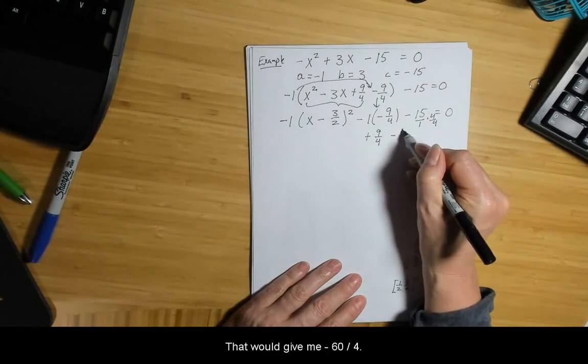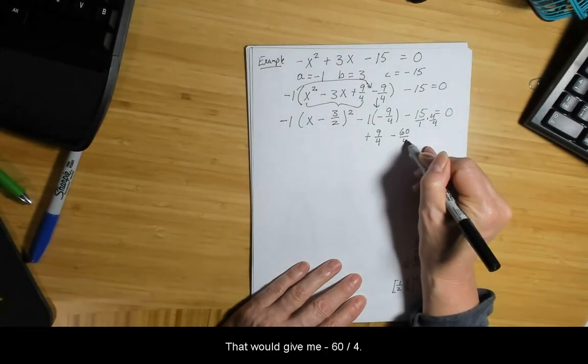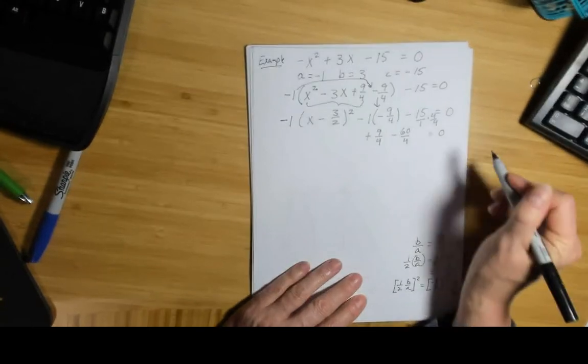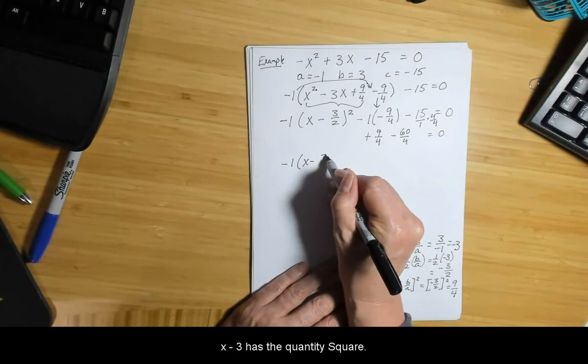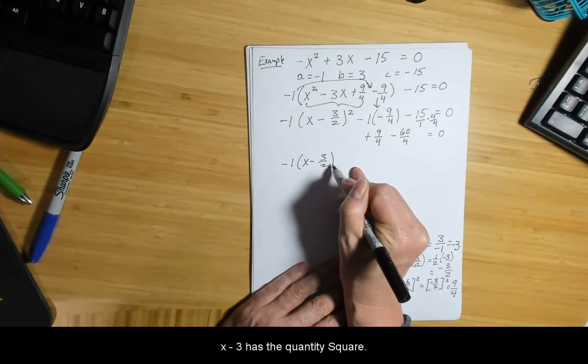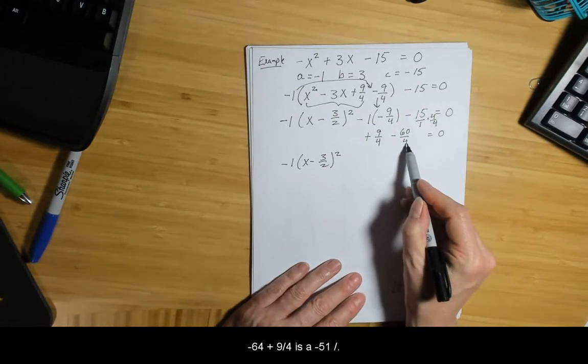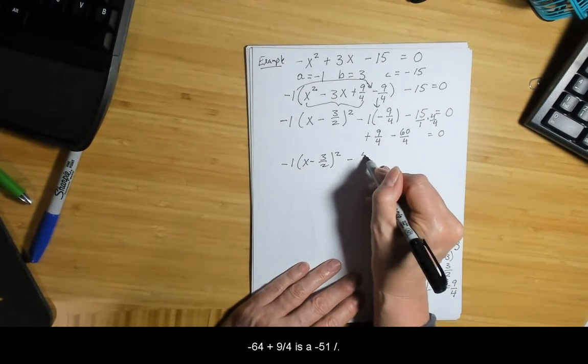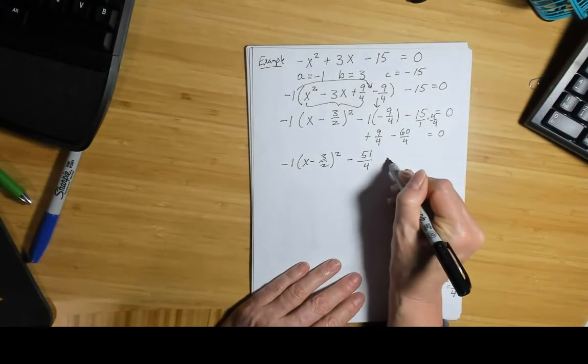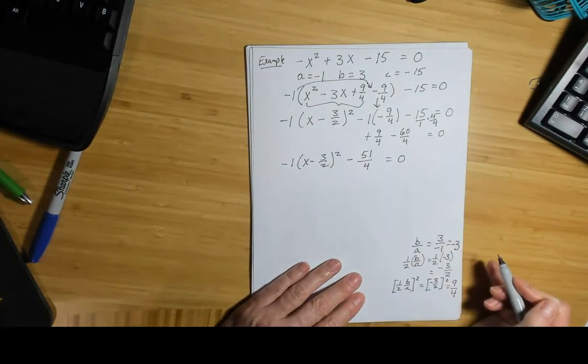That would give me minus 60 divided by 4 equals 0. And that would leave me with negative 1 times x minus 3 halves the quantity squared. Negative 60 plus 9 fourths is a negative 51 over 4 equal to 0.